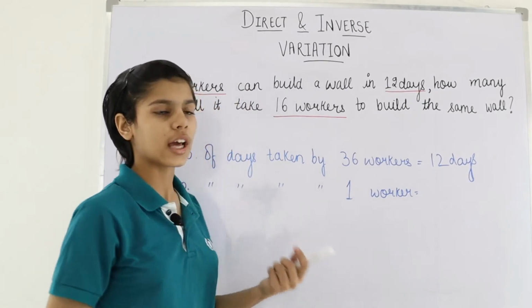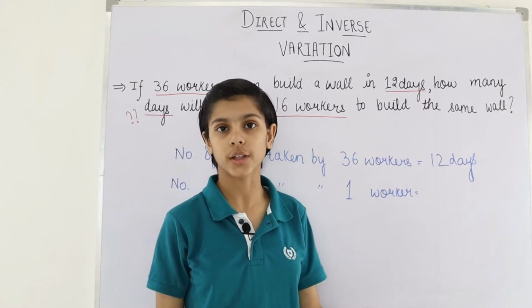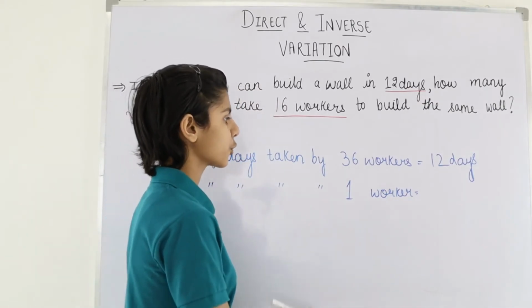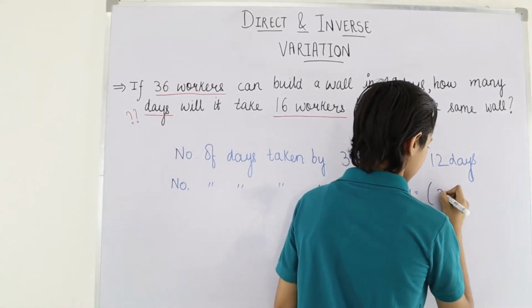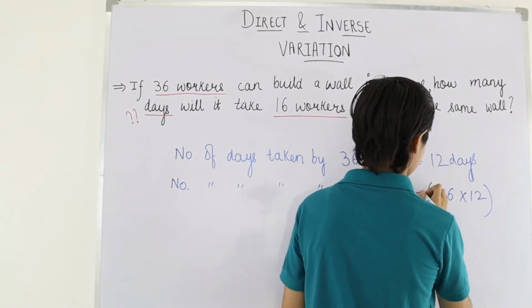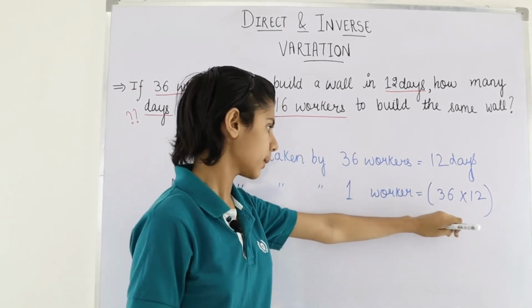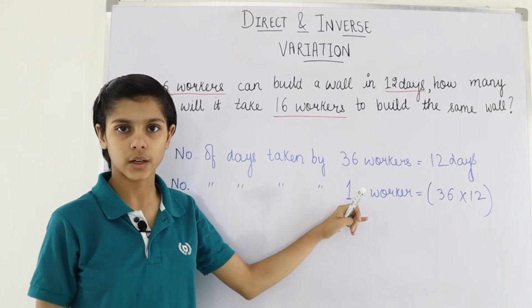So if more time is there, we will multiply here because the result will come more. As I have told you earlier, we will multiply here 36 into 12. So these are the number of days that will be taken by one worker to build a wall.